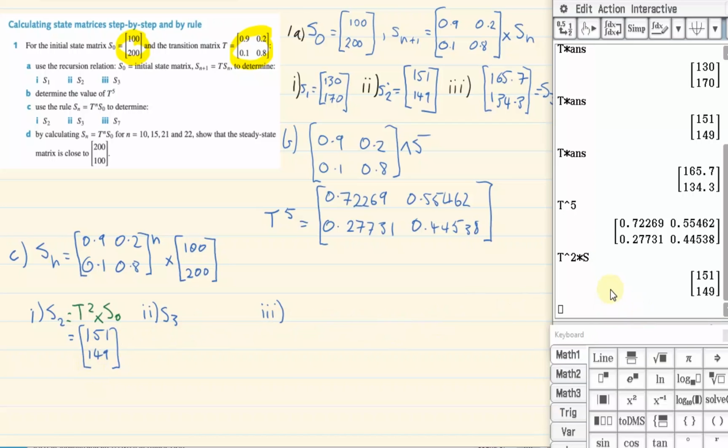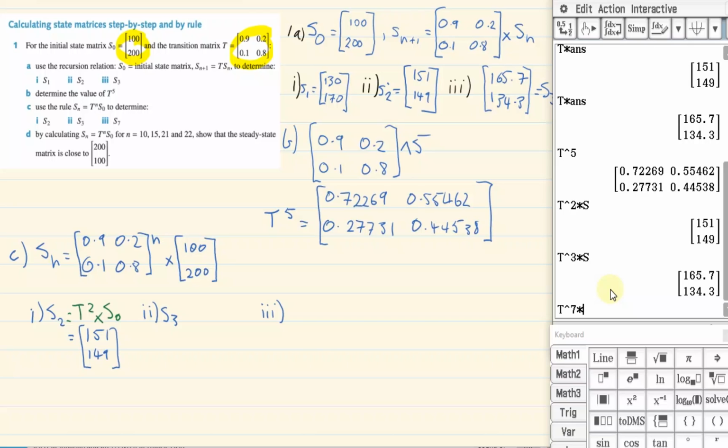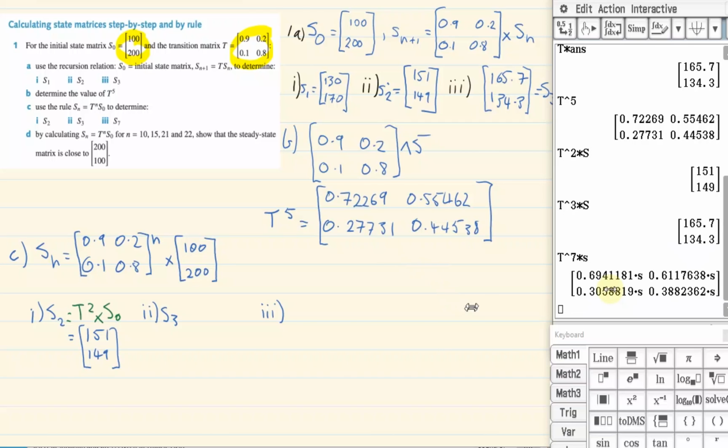We continue with the next two. Same deal: T to the power of 3 times S, and then T to the power of 7 times S. There we go.